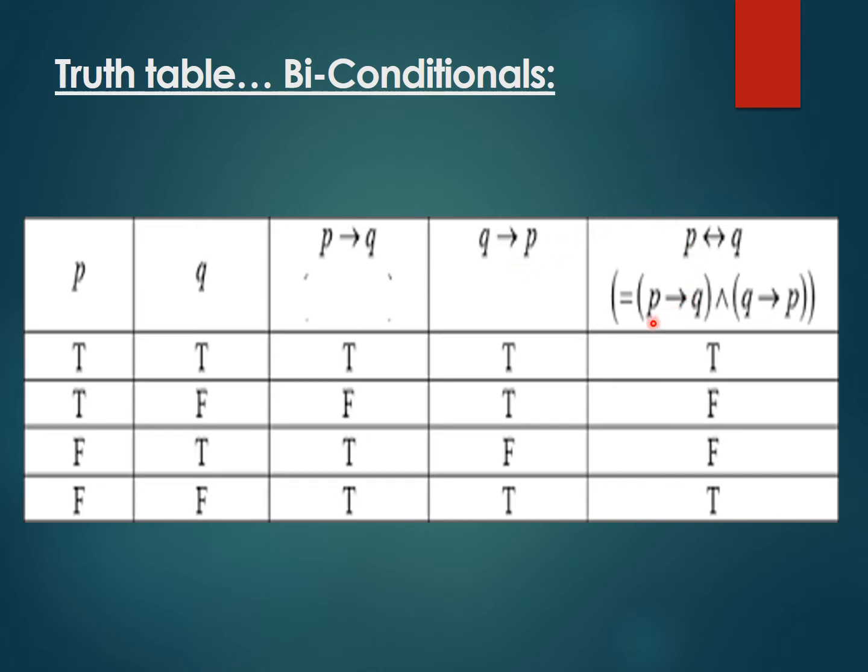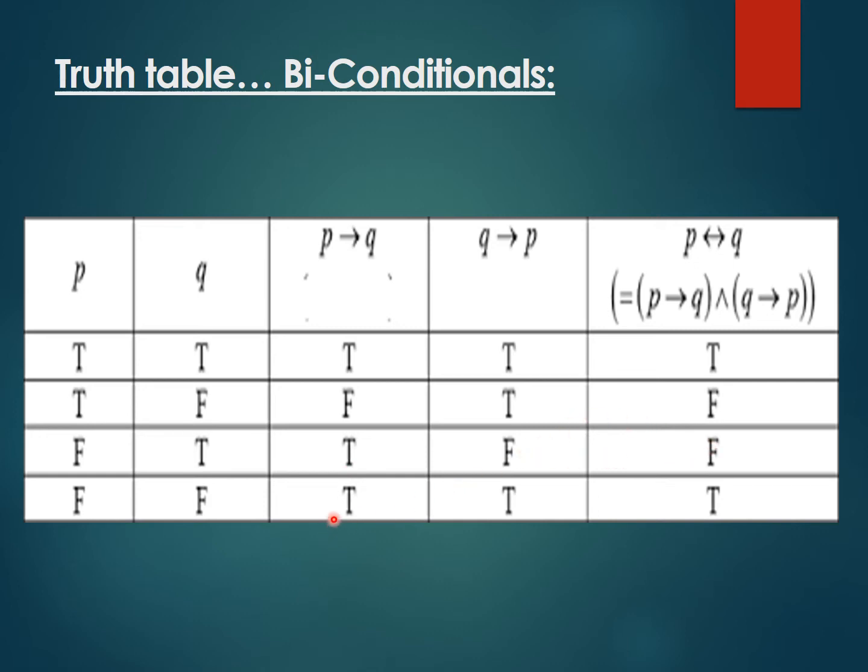In the last column, we are taking their AND, and we know that AND is only true when both are true, else it is false. The first: P implies Q and Q implies P, both are true, so the answer is true. Then P implies Q is false, so the answer is false. Then P implies Q is true, but Q implies P is false, so the answer will be false.